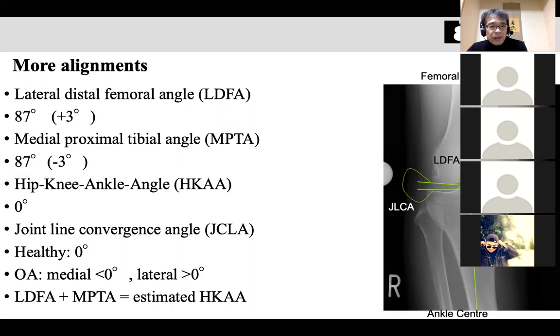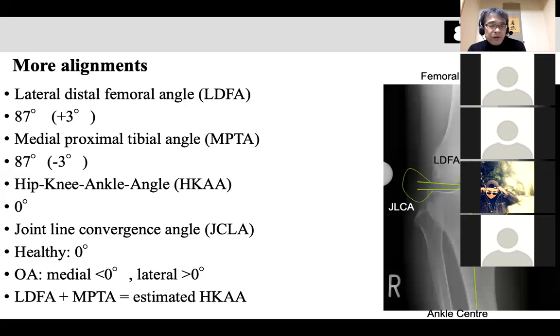One is the lateral distal femoral angle, LDFA, that is the angle between the femoral mechanical axis and femoral joint line, that is the line between the lowest point of the medial condyle and the lowest point of the lateral condyle. But to calculate the LDFA, we need the long X-ray or CT scan.